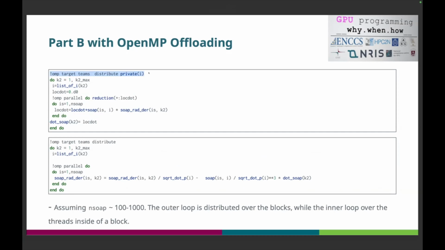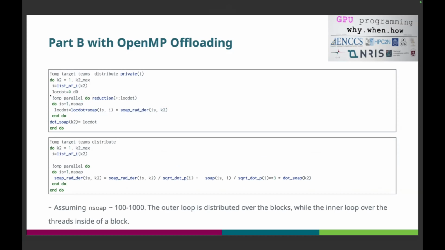First, here I put this OpenMP directive, which is OpenMP target teams distribute, and what this does is that it's going to take all the values of K2 and create blocks of groups of threads, and then each of these groups of threads is going to do this operation, which is inside of this summation. So each group of threads is going to have n SOAP operations where it's doing the summation.